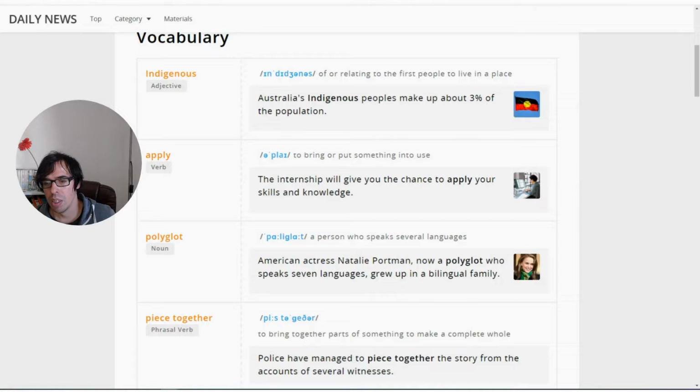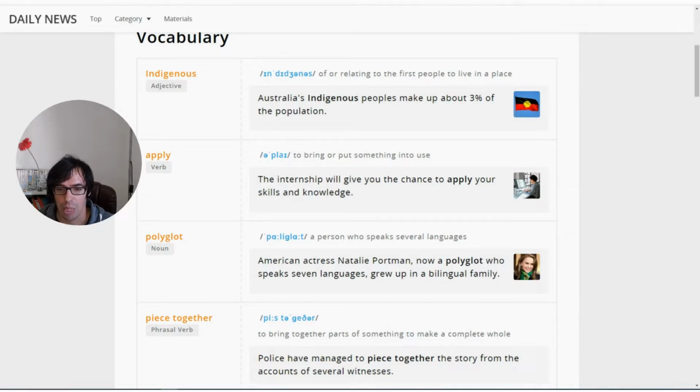So in this case then, she grew up speaking 2 languages at home in her family, and she went on to learn a further 5 languages, which is very impressive. Always very interesting finding out little tidbits like this. So Natalie Portman is actually a polyglot.